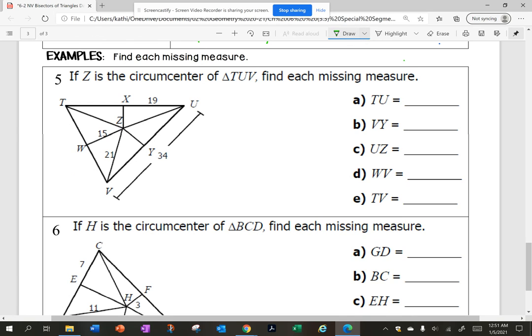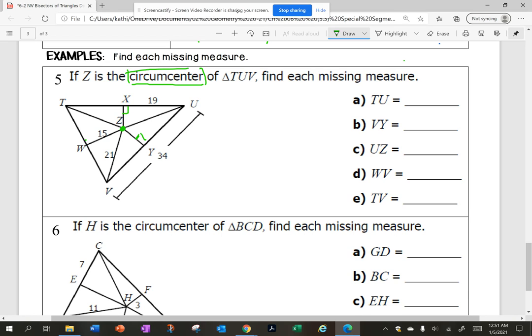Okay, so if Z is the circumcenter of triangle TUV, find each missing measure. So I would start by putting in my congruent segments so I know what is congruent.